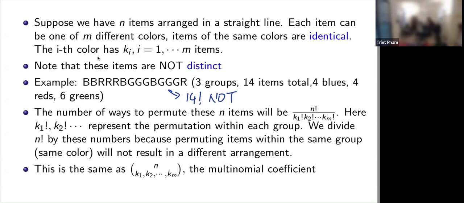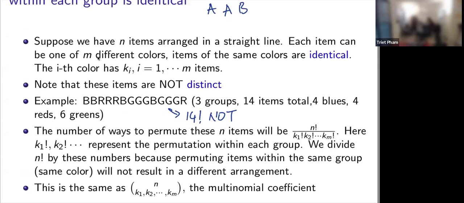For example, remember when we looked at the UU, UR, that kind of thing? What matters here is where we put the U's. So that's why 7 choose 3, because once you pick the positions for the U's, the U's won't permute among themselves, because the U's are identical.